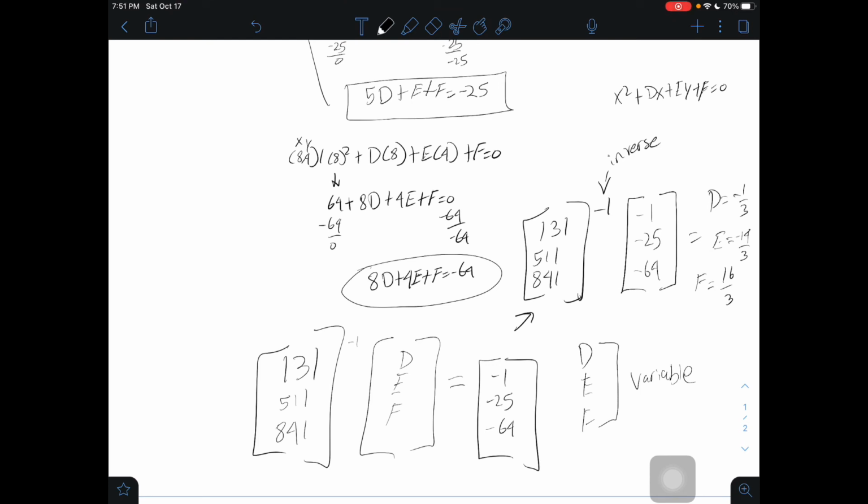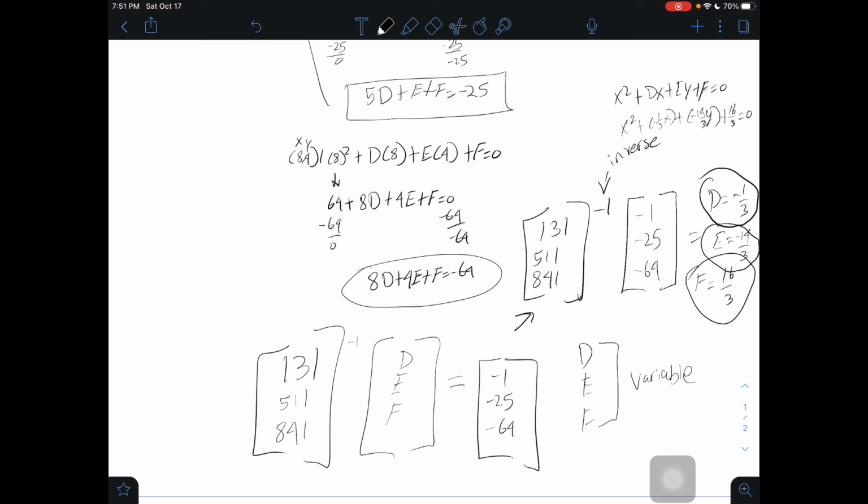So simply we have x squared plus our d value, which we found to be -1/3x, plus our e value, -14/3y. Again, we're just getting our variables from up here. And plus our f value, which we found to be 16/3, equals 0.